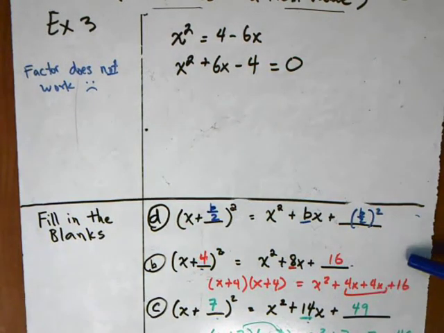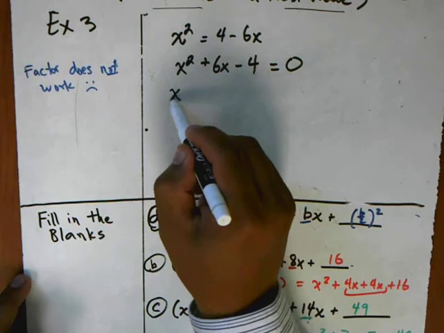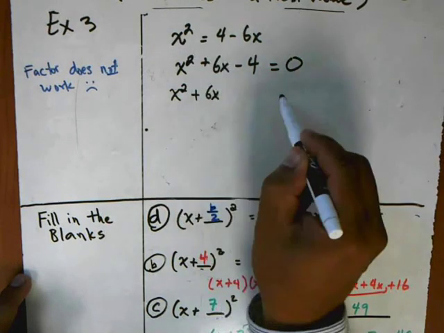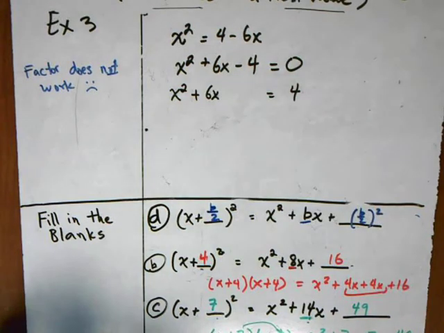Okay? So we have to try a different method here, and we are going to use some of the fill-in-the-blank examples that we did earlier to help us. The first thing I'm going to do is move the 4 back to the right side, and I'm going to purposely leave a space here between the 6x and the equal sign. This effectively becomes a fill-in-the-blank type of problem.